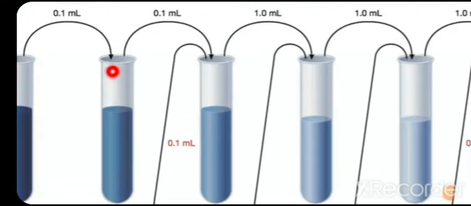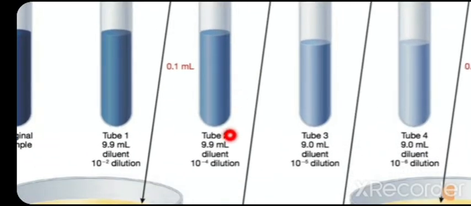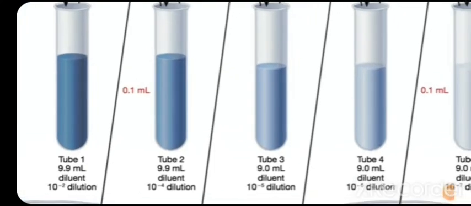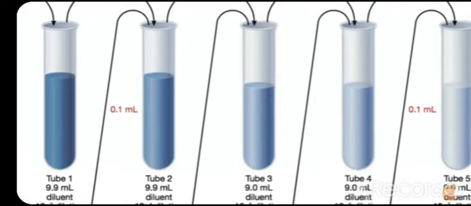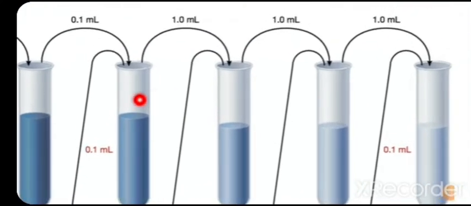Likewise, from this dilution you can prepare the next dilution. Transfer 0.1 ml to the next tube containing 9.9 ml of saline. Again it will be 100 times diluted, and this dilution will be 10 raised to minus 4. This is how we go on transferring 0.1 ml, or we can transfer 1 ml.